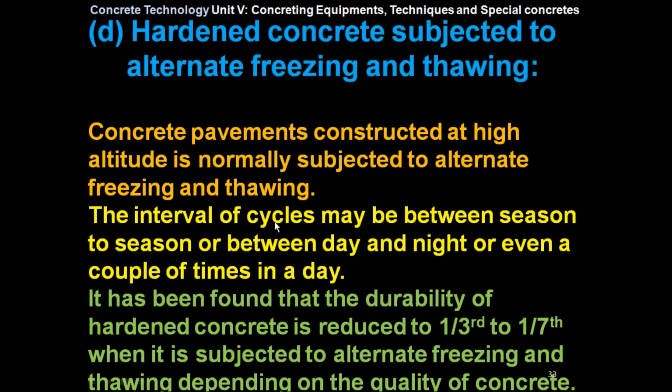The interval of cycles may be from season to season or between day and night or even a couple of times in a day. It has been found that the durability of hardened concrete is reduced to one-third to one-seventh when it is subjected to alternate freezing and thawing, depending on the quality of the concrete.